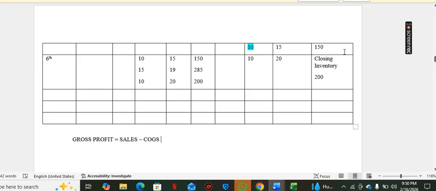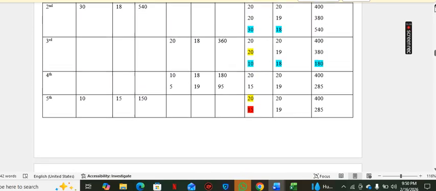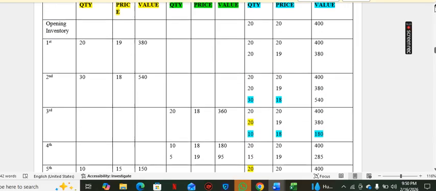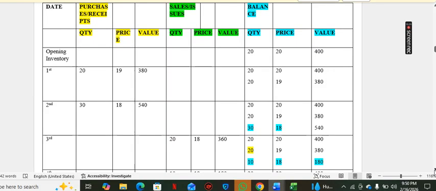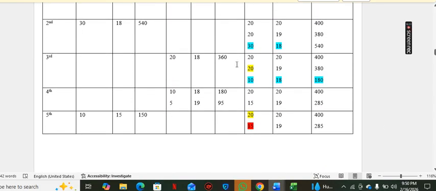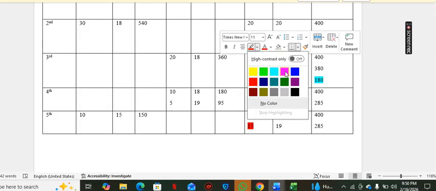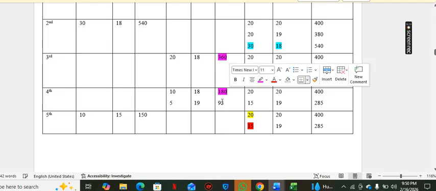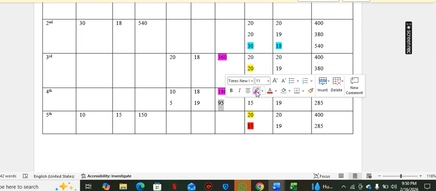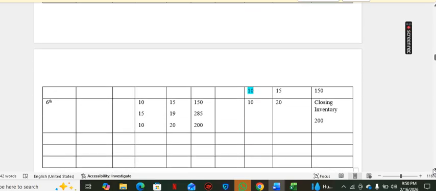That's why we're valuing our inventory at cost, because we wanted to get our cost of goods sold. Here under sales or issues, this is where we're going to find our cost of goods sold. These values here which I'm highlighting in purple: 360, 180, these are the cost of the goods that have been sold. So we need to tabulate them.